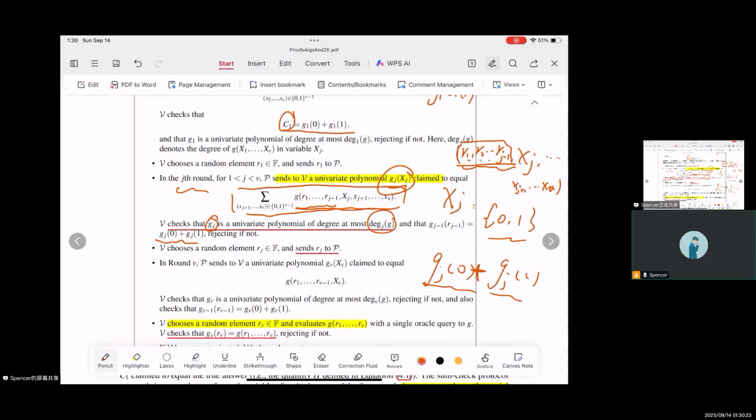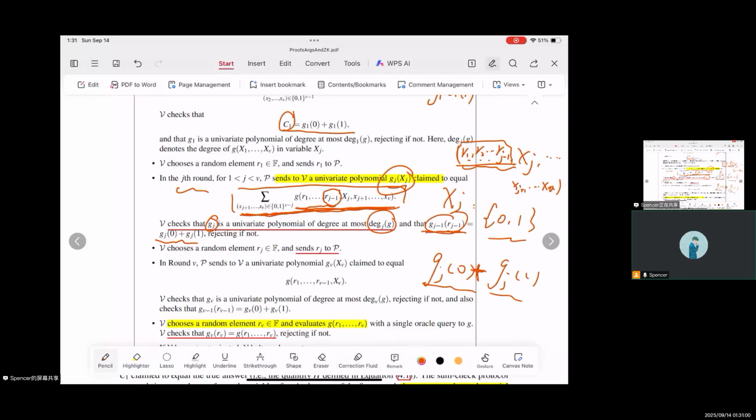Its result should be equal to G(j-1)(r(j-1)), because G(j-1)(r(j-1)) is also of the form of this formula, since for this polynomial, the variable x(j-1) is given the value of r(j-1).